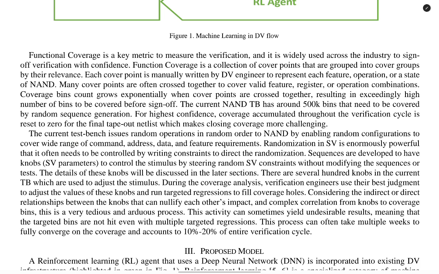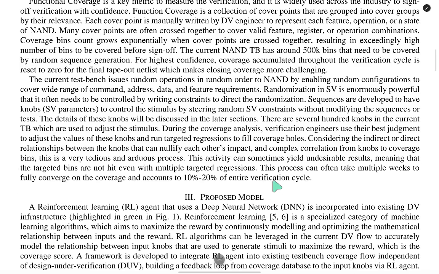There are several hundred knobs in the current test bench. Engineers adjust the values of these knobs and run targeted regressions to fill coverage holes. Considering the indirect or direct relationships, the knobs can nullify each other's impact, and there is a complex correlation of the knobs to the coverage bins. This is a very tedious and arduous process.